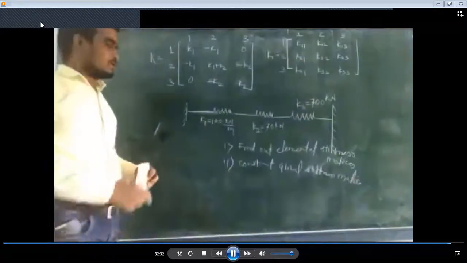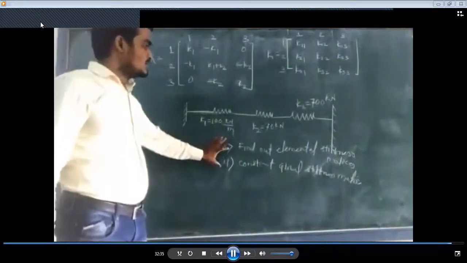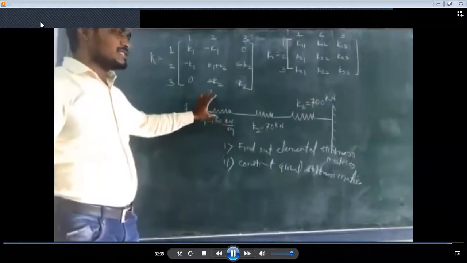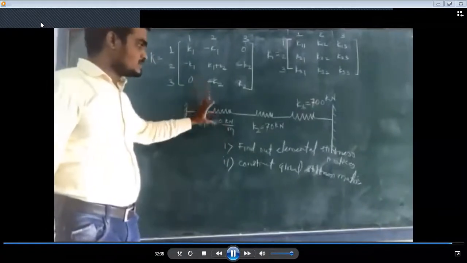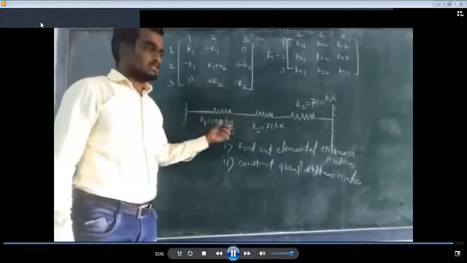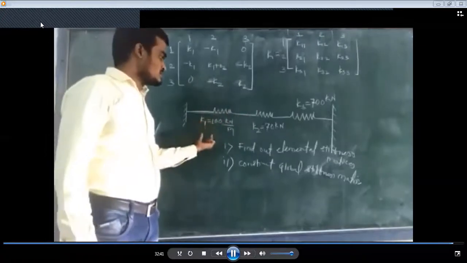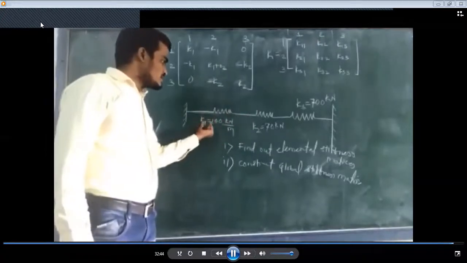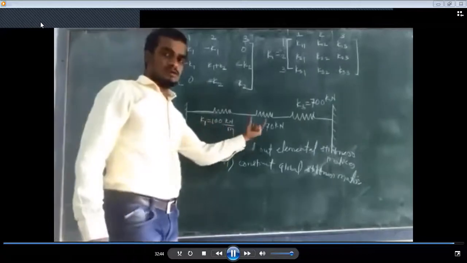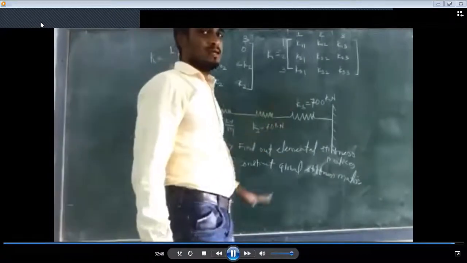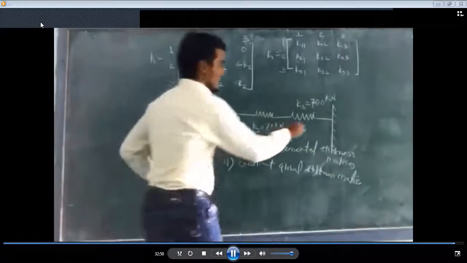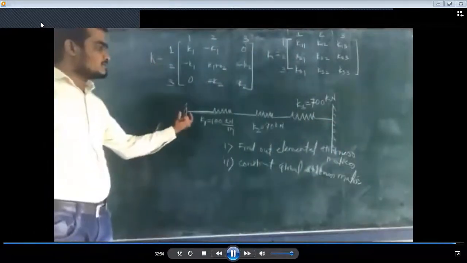So note down this question and try to construct the global stiffness matrix. First, try to find the elemental stiffness matrix and then construct the global stiffness matrix. The values of K1, K2 and K3 are given.